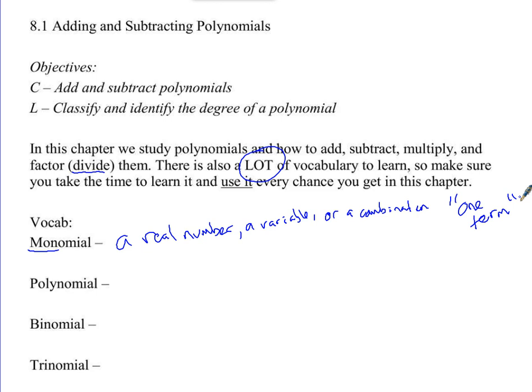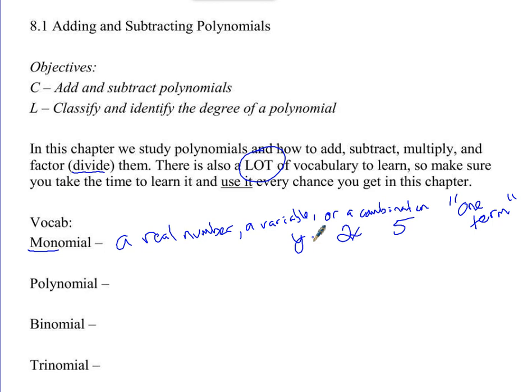So if I had some examples of a monomial, this would be one. Let me put it here. 2x. That's a monomial. 2 times x. The number 5, that would be a monomial. Any number by itself is a monomial. Any variable by itself, so I could have just y, that would be a monomial.